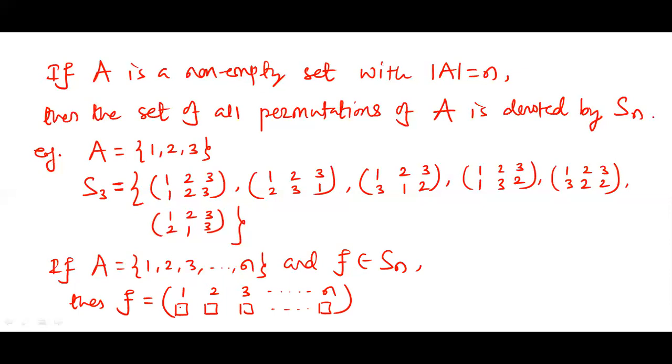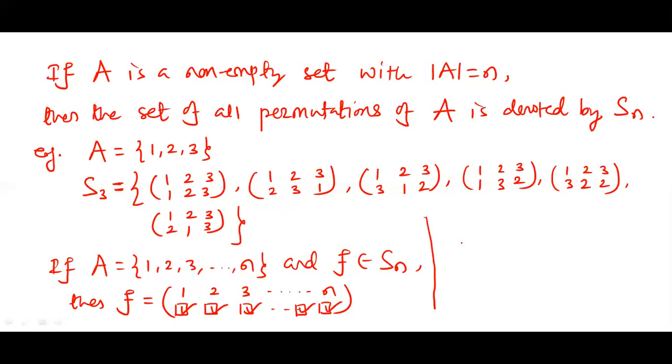Suppose we allot any number from 1 up to n to this box. For this box, how many choices do we have? N minus 1 choices. For this box, we have n minus 2 choices. For the second last box, we have 2 choices. And for this last box, we have only 1 choice.